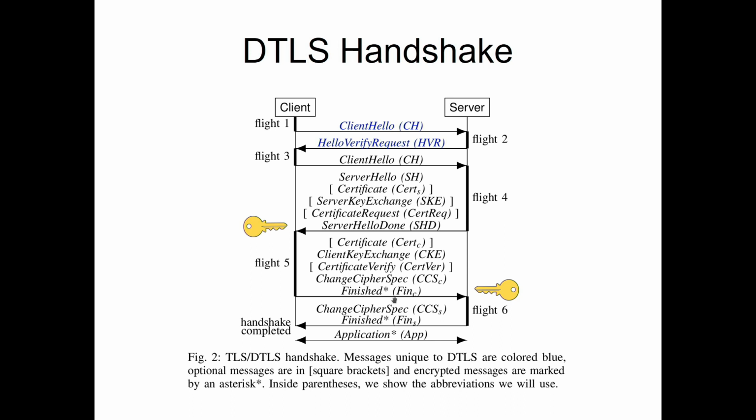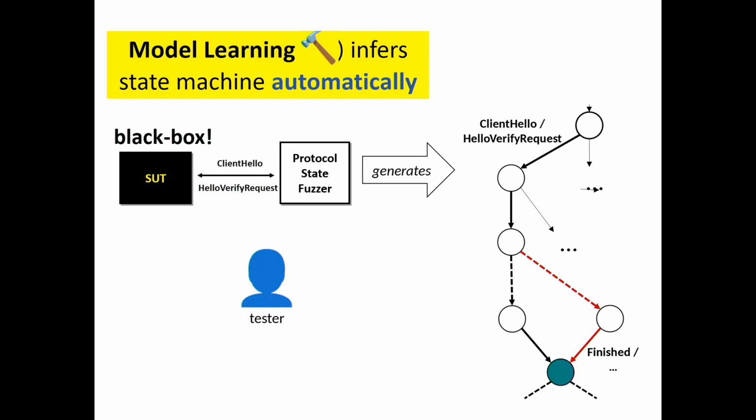Okay, so that's DTLS. So let's suppose that we now want to find bugs in an implementation of DTLS automatically. The good news is that there are black box techniques out there that take the system and, in principle, don't even need source code, and do a process called protocol state fuzzing, and they generate a so-called Mealy machine, a state machine for the implementation.